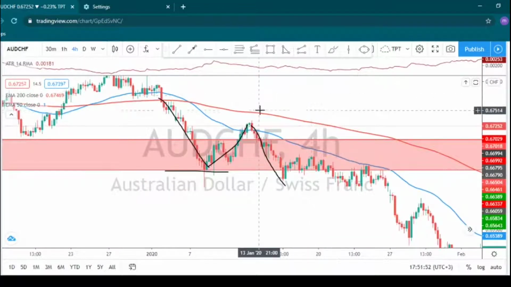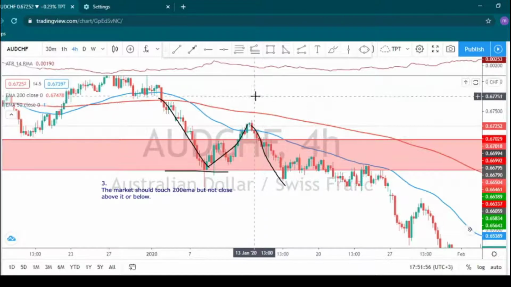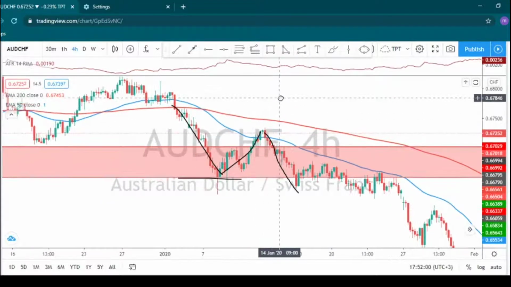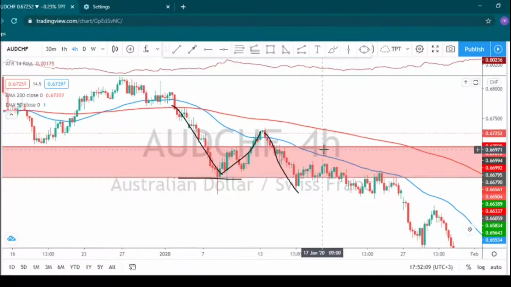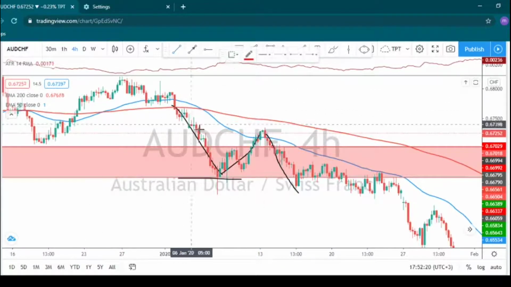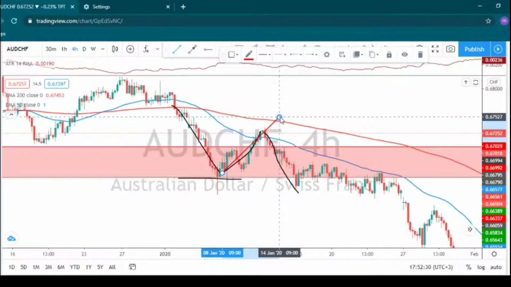Step number three, the market should touch 200 EMA but not close above or below the 200 EMA. What do I mean by that? The blue curve, which is the 50 EMA, is below the 200 EMA, which means we are now in a downtrend and we are looking for the selling opportunities. Now this strategy can be valid when this market makes a pullback up to here, touching here but not close above the 200 EMA.